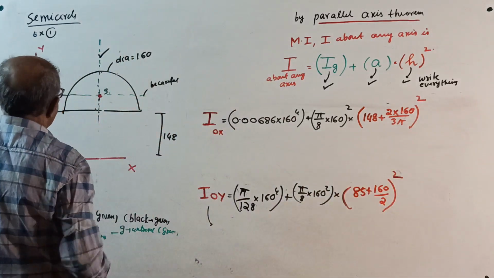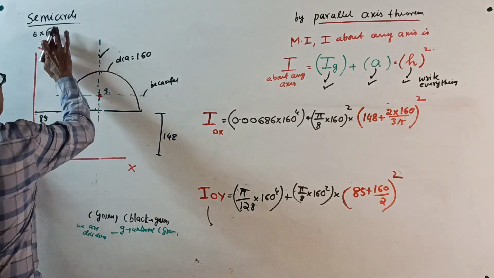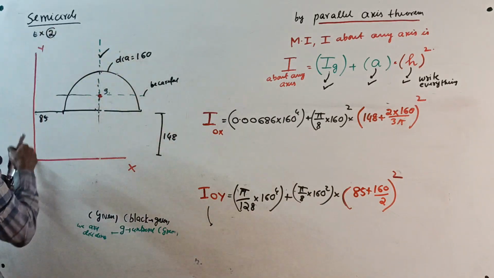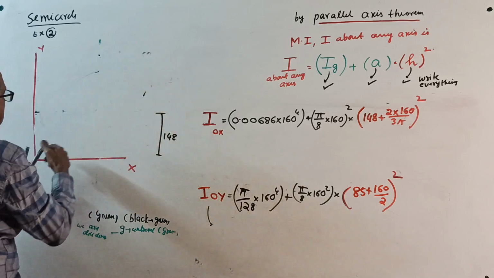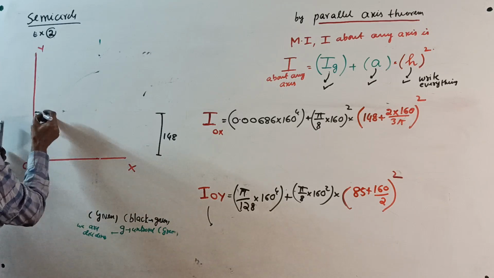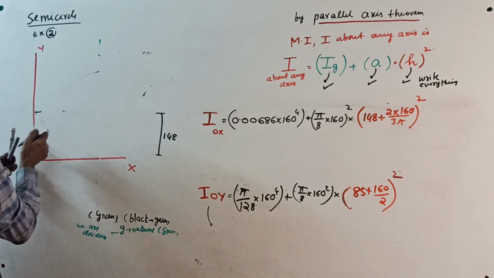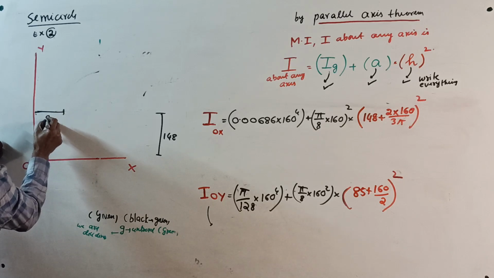Now, same question once again, example 2. How much did I tell here? 85. I won't change it, because it is easy for me. 85.